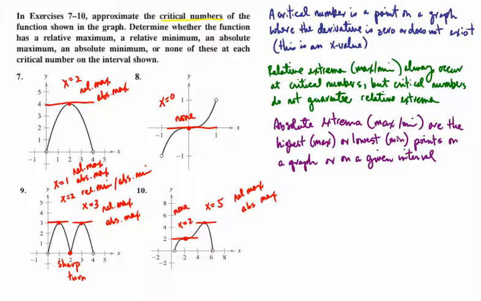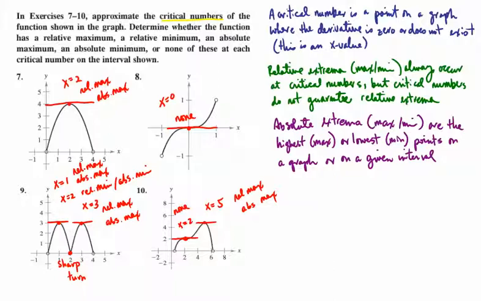So what have we learned in this video? A critical number. It's a point on a graph where the derivative is 0 or does not exist. And we can usually identify them by sight. Those are places where we have sharp turns. Not only sharp turns, we could also have vertical tangents where the derivative won't exist. Relative extrema always occur at critical numbers.